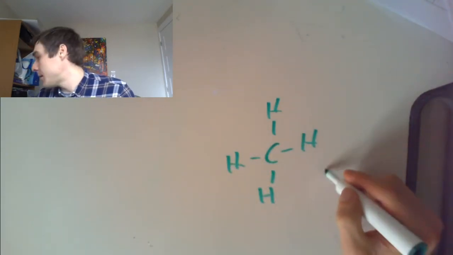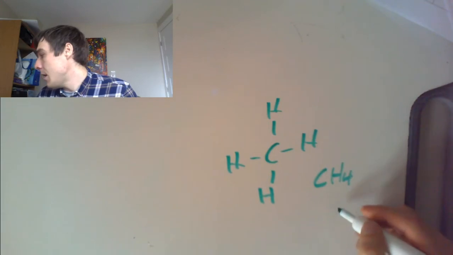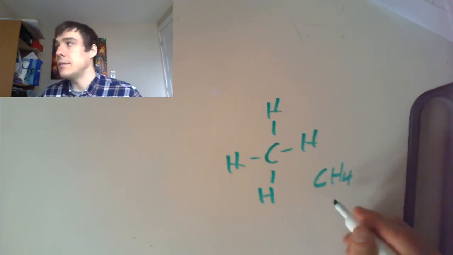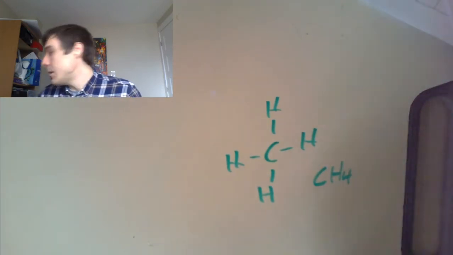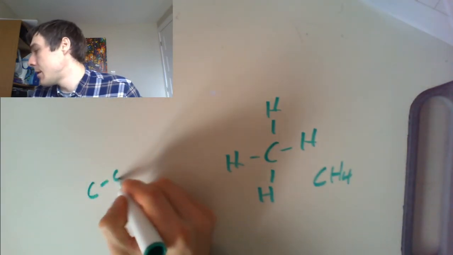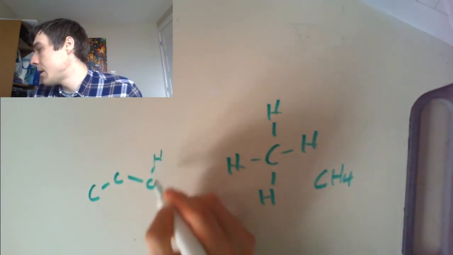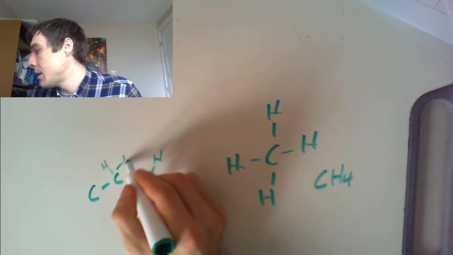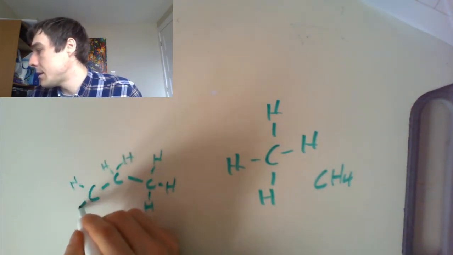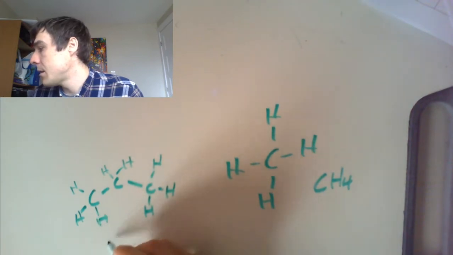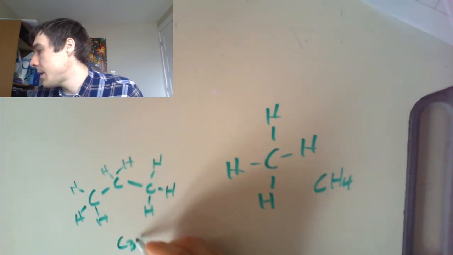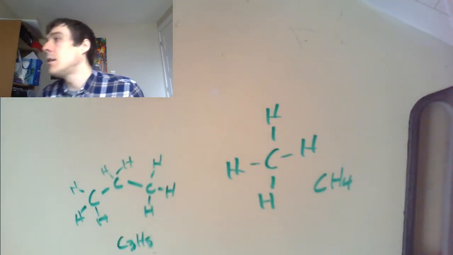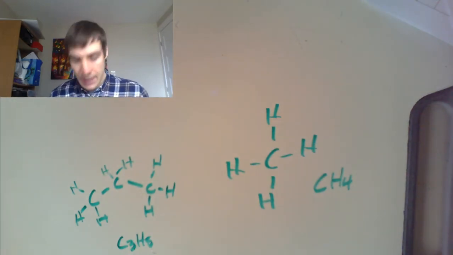This is methane, which is CH4. That's one structure for that. Or it can potentially make this. All right, we could have carbons bonded to carbons, and this is propane, which is C3H8. And there's all kinds of other ones that can happen as well.